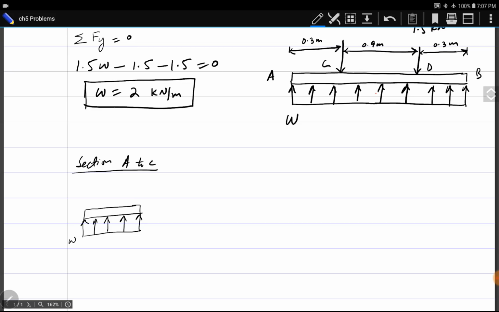This is W, and the length of this section is x. x is between 0 and 0.3. Here there will be a downward shear force and a moment. I'm calling them V1 and M1.